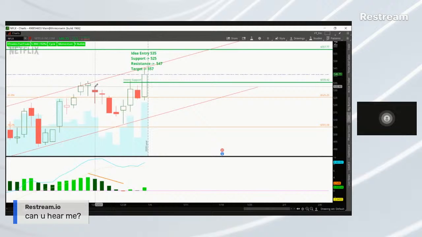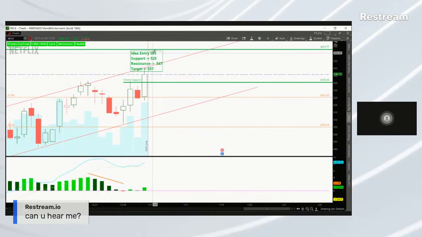Even if I take this as a week, 532 to 520 is $10, 530 to 520 is $10, 526 to 514, again around $10. So on a daily chart, the stock goes on average $7 to $10 up and down.